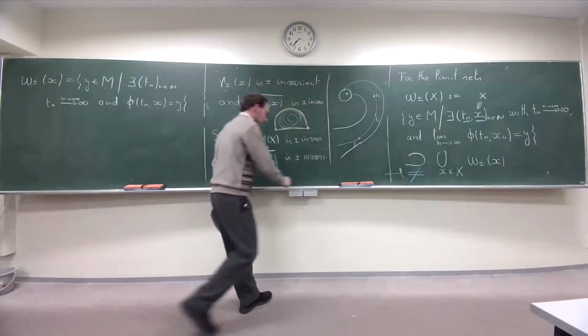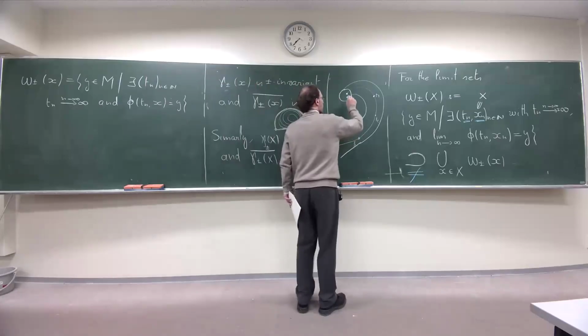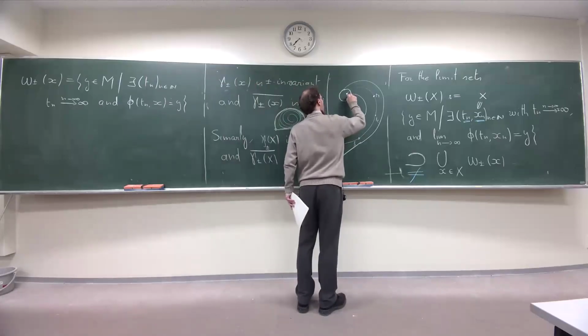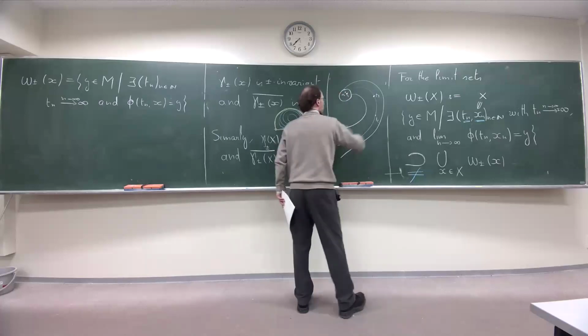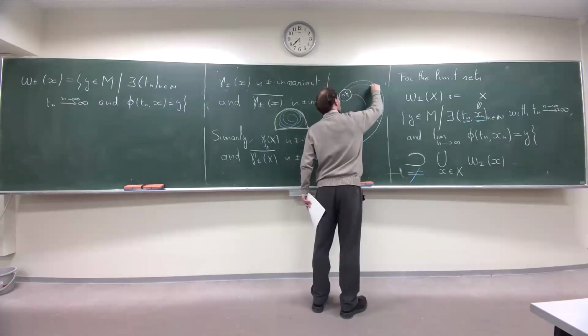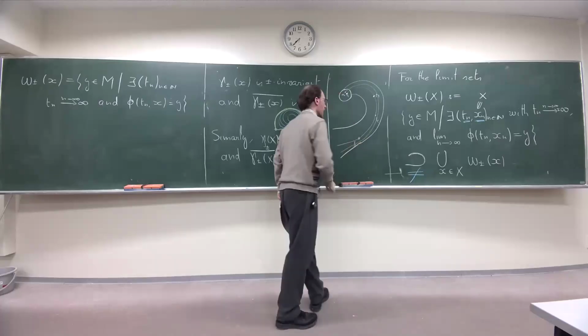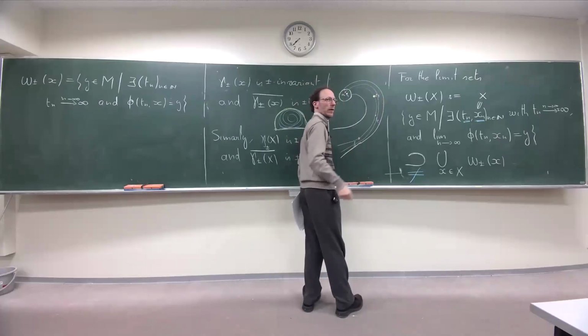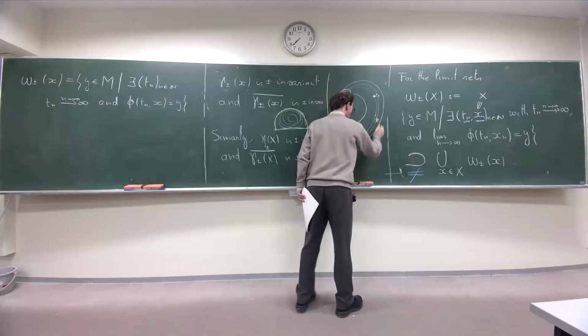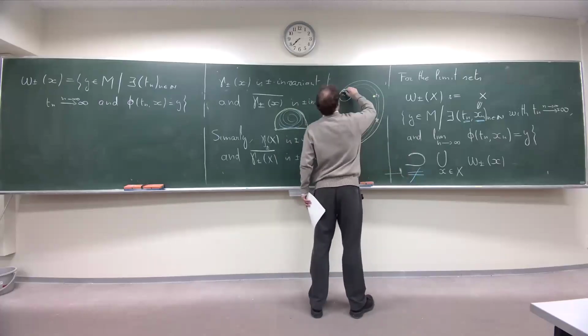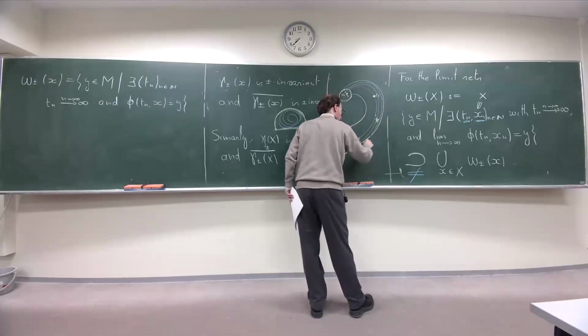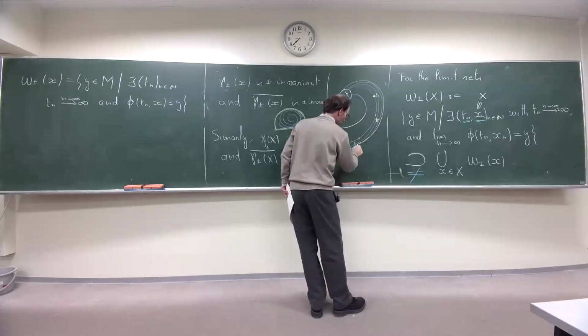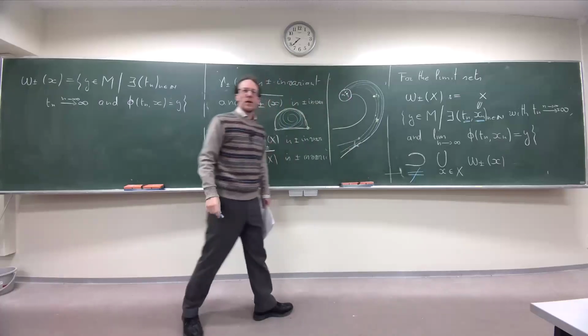Now I can do something different. I can take X1 here, X2 here. And so it means I also look at this one. And I'm allowed to take this point, X1, T1, X2, T2, X3, T3, and so on.